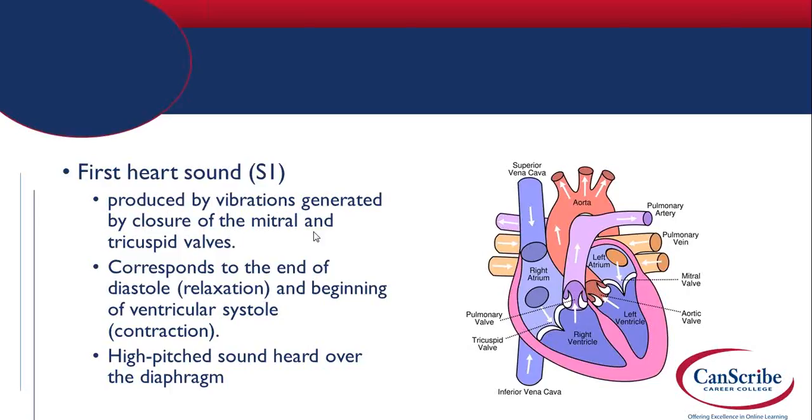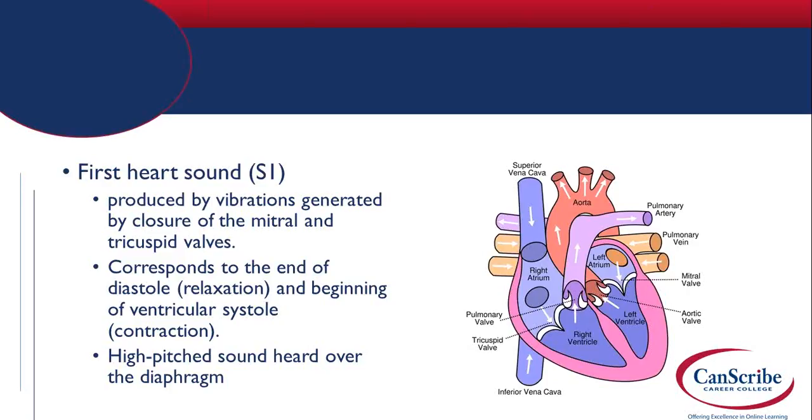So the first heart sound is S1, and it's produced by vibrations generated by closure of the mitral and tricuspid valves. So I put a little picture of a heart here, and you'll see this on the next couple of slides too, just so you could see where the different valves were. So here you see the mitral valve, and here you see the tricuspid valve.